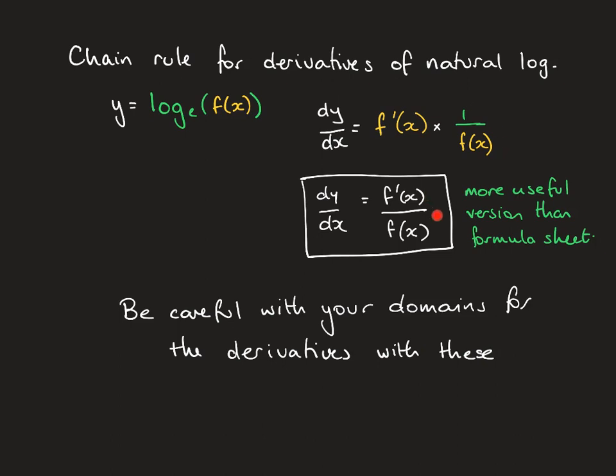If we put that together, we get that the derivative of a log is the derivative of some function over the original function itself. So this is a much, much more useful version than what's on the formula sheet. And again, be super duper careful with your domain for your derivatives.